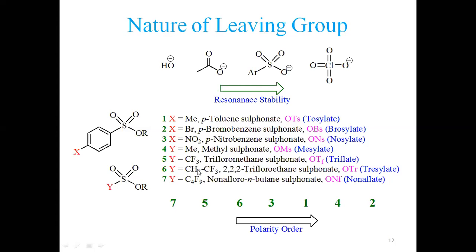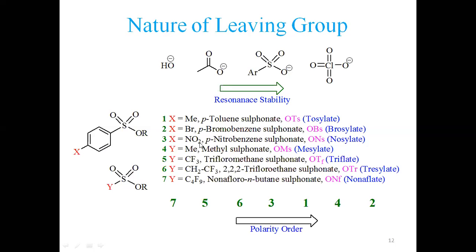Then it is not CH2CF3, it is directly CF3. CF3 is more electron withdrawing, and then CH2CF3. So the order shall be: 7 most electron withdrawing, then 5, then 6, and then 3, the nitro group present here, not methyl.